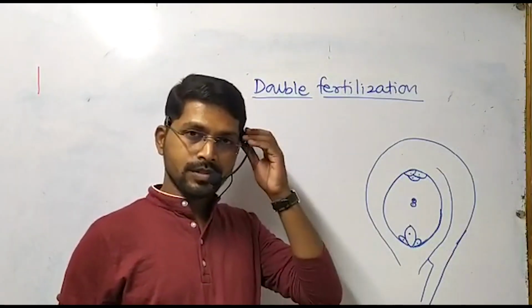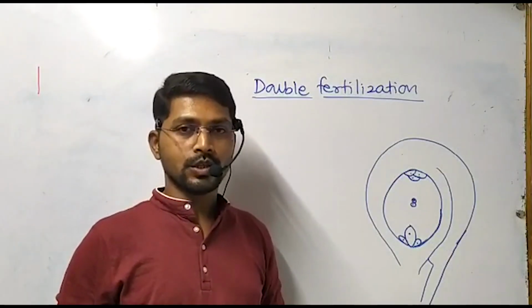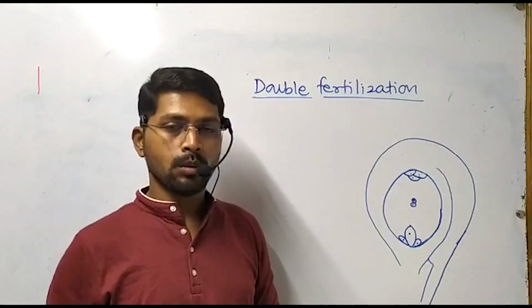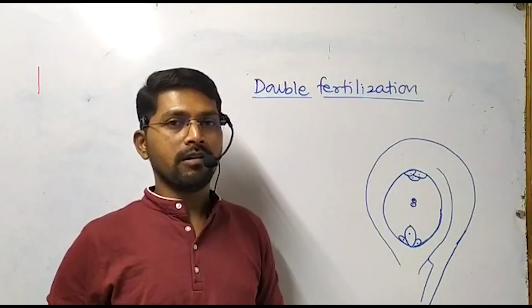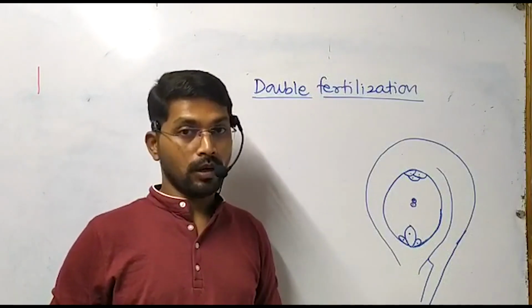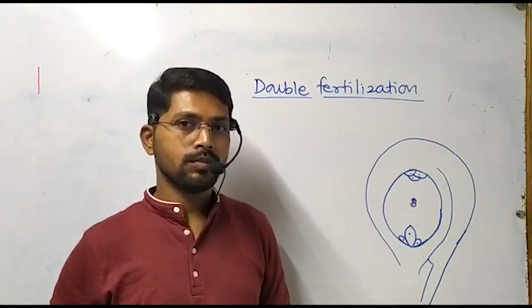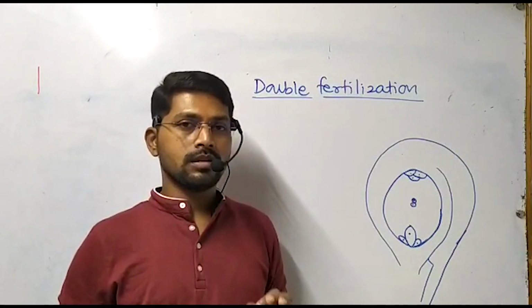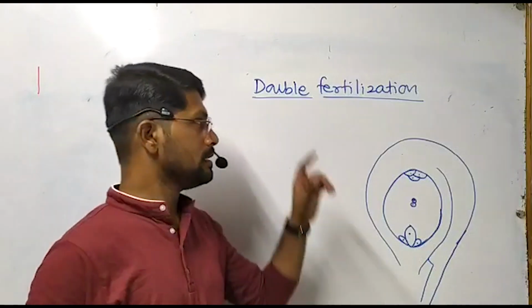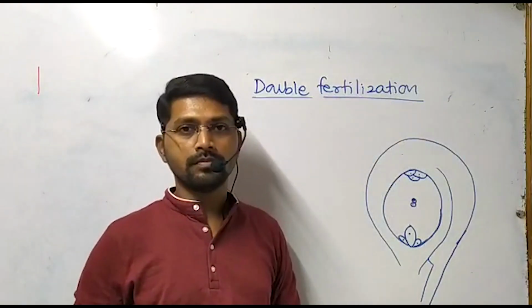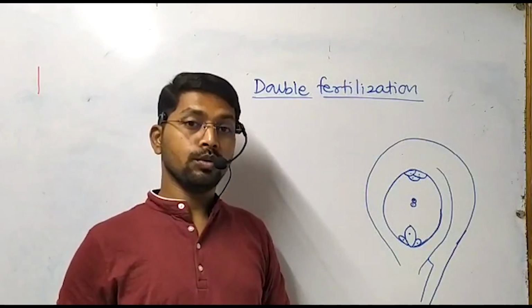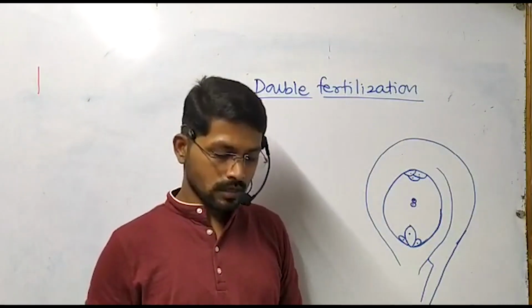By this time we have studied the different steps involved in sexual reproduction in angiosperms, such as microsporogenesis, megasporogenesis, development of male and female gametophyte, pollination, and now it is time to study fertilization. In angiosperms, the characteristic type of fertilization seen is double fertilization. Before discussing what double fertilization is, you must know what fertilization is.